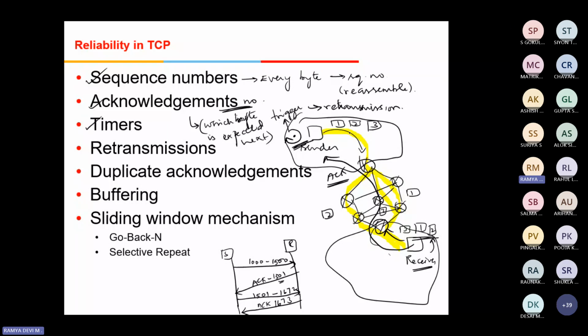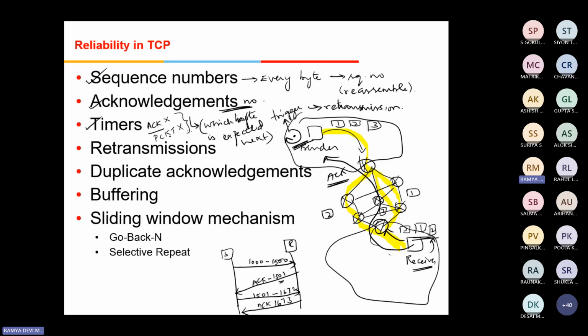If not, the expiration of the timer will trigger the retransmission. The retransmission occurs due to two things: due to network issues, the acknowledgement would have been lost, or even the actual packet would have been lost. Both will trigger the retransmission.